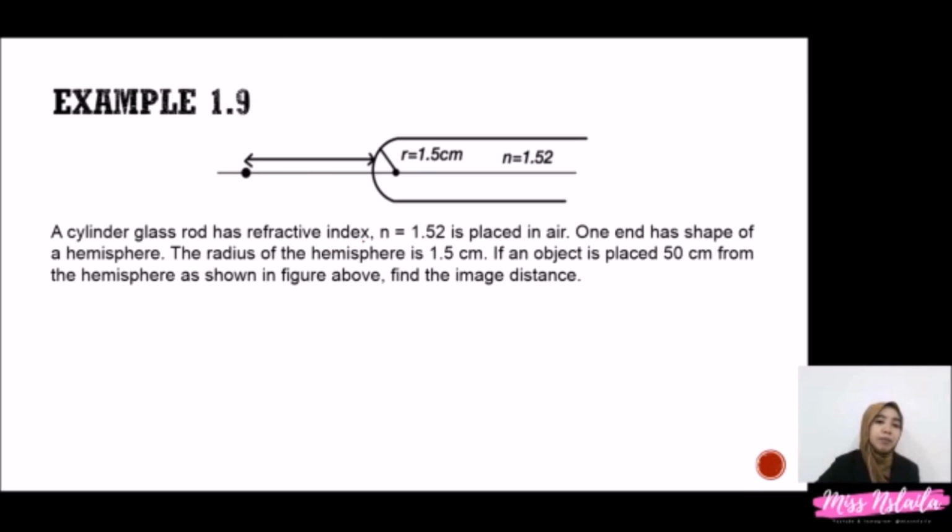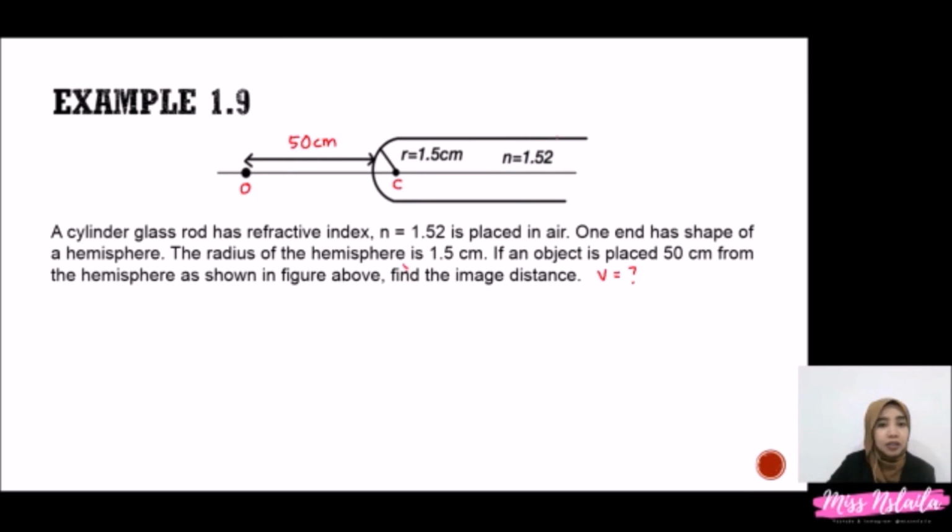The radius of the hemisphere is 1.5 centimeter. So radius is the distance of point C from the surface. If an object is placed 50 cm from the hemisphere as shown in the figure above, find the image distance V. So this is the object, placed 50 cm from the surface.